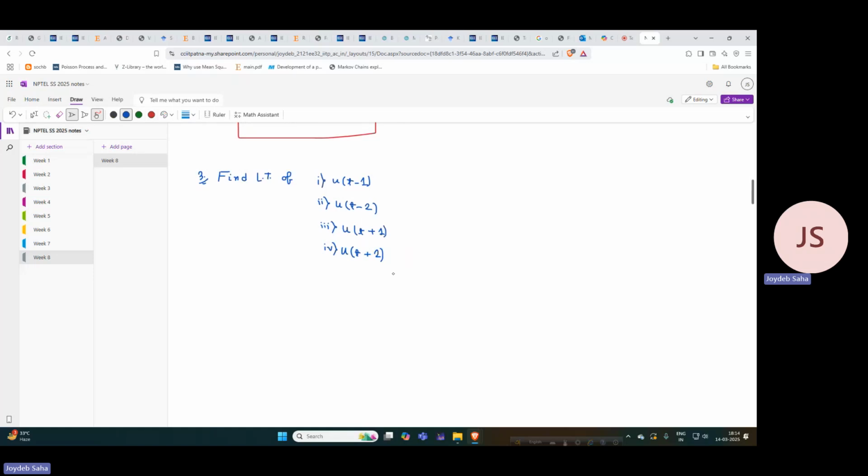So first we need to know the Laplace transform of u(t), and then using the time shifting property we can solve this, right? So take 2 minutes and try to solve these 4 questions. If you can, just match the answer with mine, and if you cannot, then I will solve it for you.